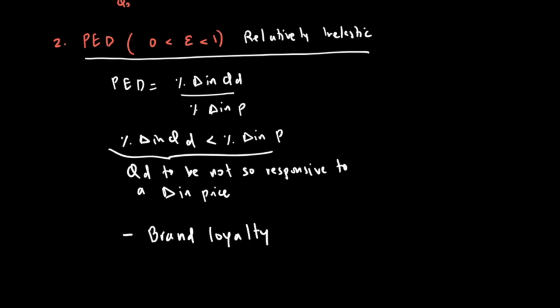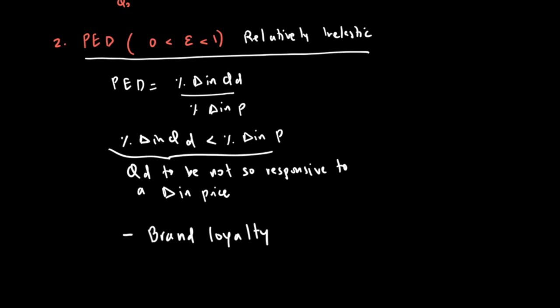The reason is you might not want to try the other substitutes, or you may feel the other substitutes are not good enough. A good example is if the price of tea goes up. For me, it will be difficult to switch to coffee, though I do drink coffee sometimes, but I'm more of a tea drinker, and therefore for me the demand for tea is inelastic, not so responsive to a change in price.